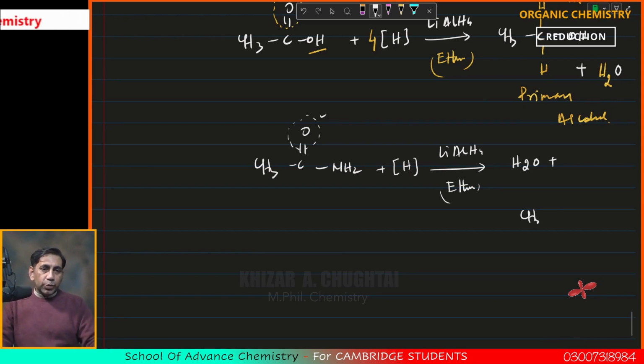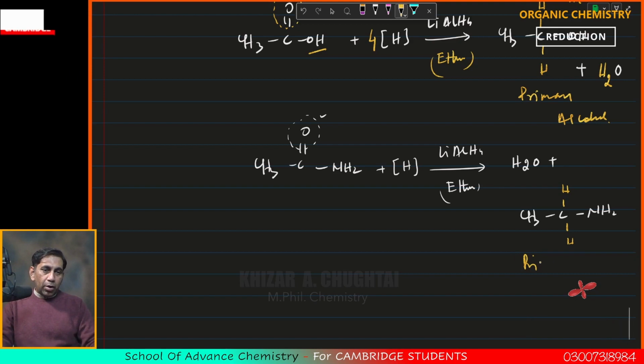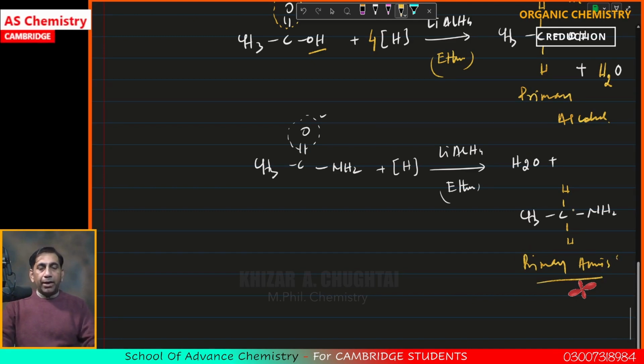The remaining part is CH3, CH2, and you will add two hydrogen, one over here and one over here. So this time primary amine is formed. So boom, water and primary amine.